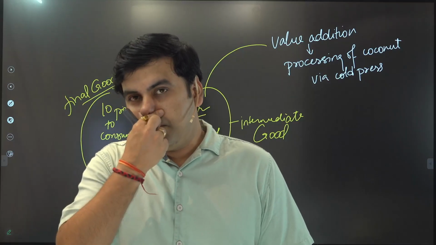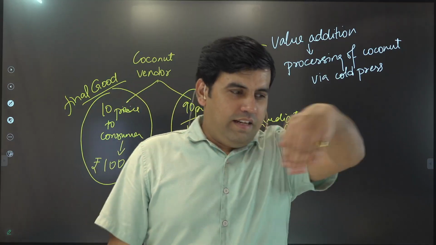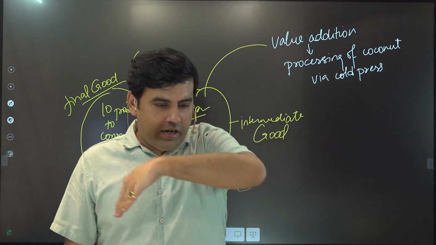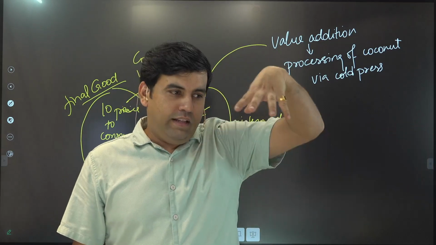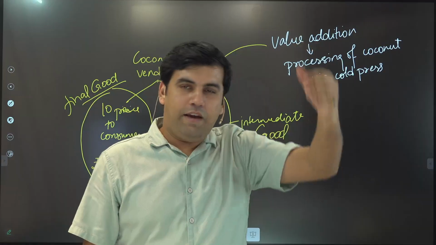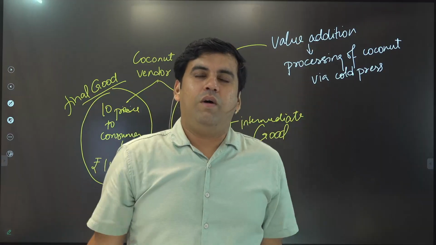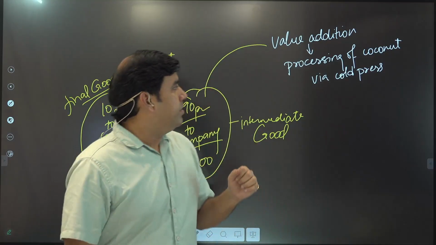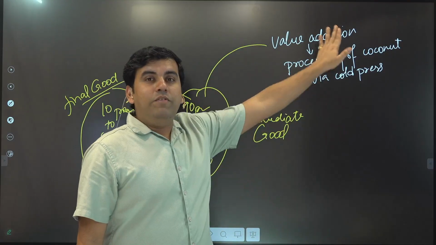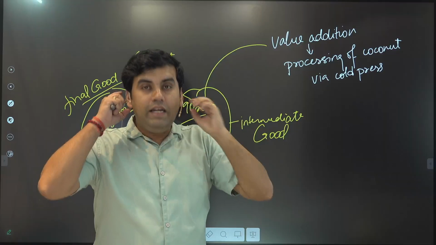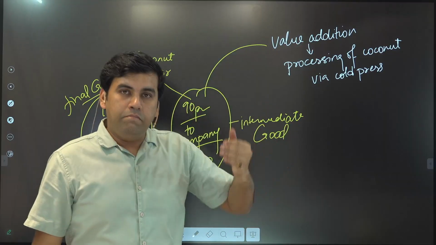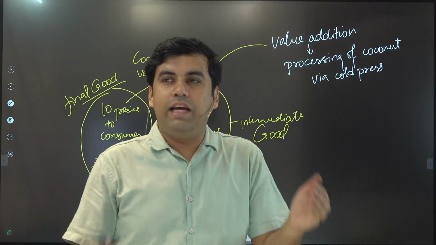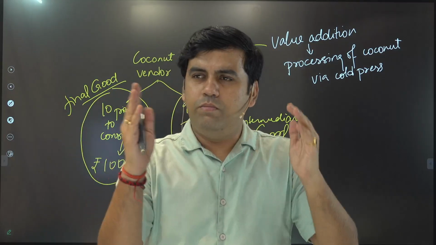You may have seen that there is an animal which revolves around and around, and in the center there is a very heavy weight which is pressing out the coconuts. This is how it is. Now they are doing a value addition, guys. They are putting money into it. Let's say they have hired a machine or an animal, as for mustard oil and most oils.